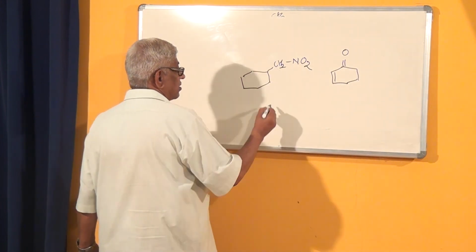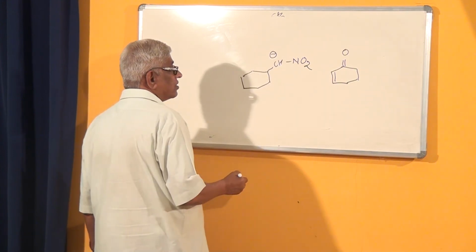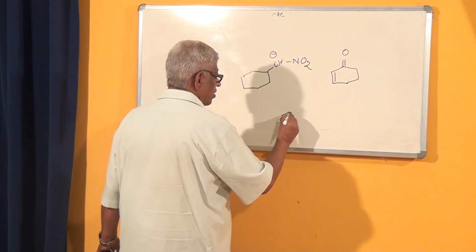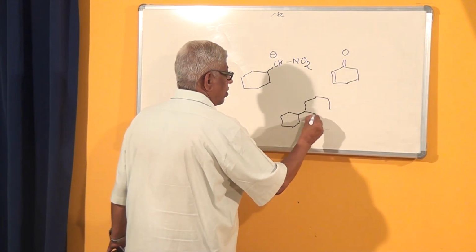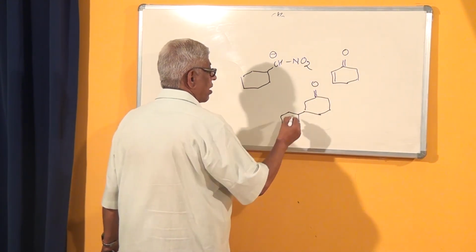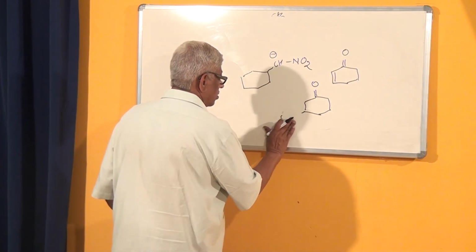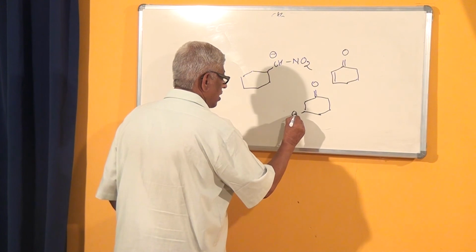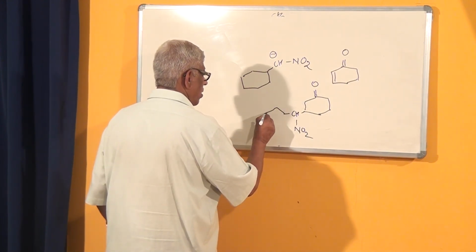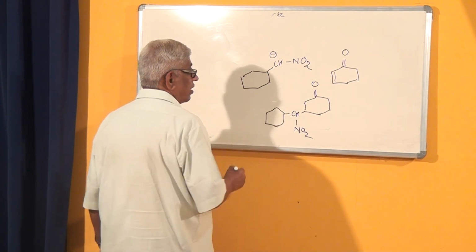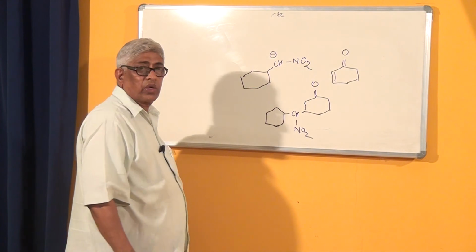CH2 minus can form a CH minus in the presence of a base, and that will attack the center. You end up with a ketone. Of course, you will have CHNO2 cyclohexane. So this is a 1,4 addition to a carbonyl group.